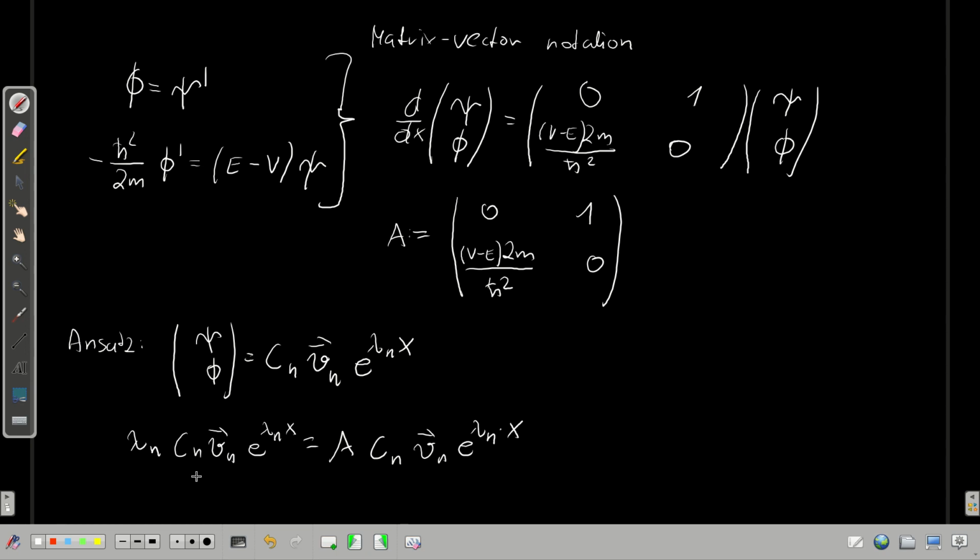And essentially this reduces to the equation A times this unspecified vector Vn equals lambda n times Vn vector. So as you may know from some other lectures, this is an eigenvalue problem.